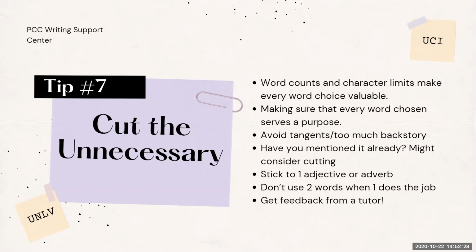So if you find yourself describing a project that you found really difficult and you're describing the project super in depth, that it almost takes up like half of your word count, chances are the admissions committee doesn't need that much information regarding the assignment.